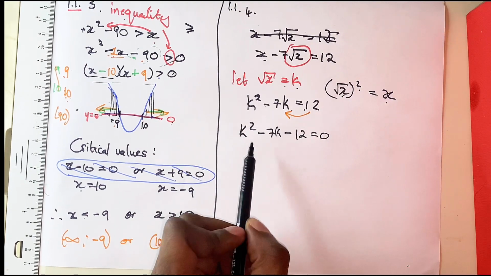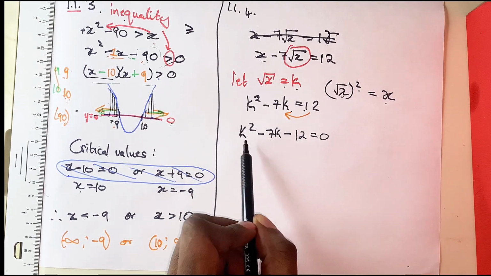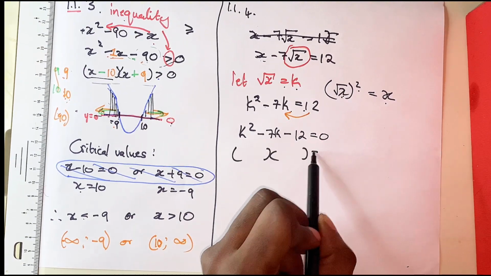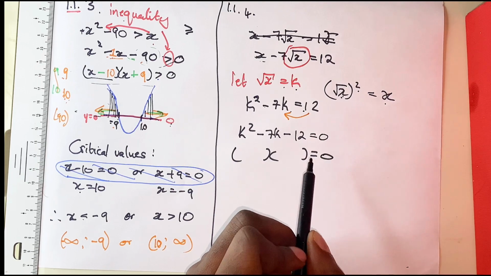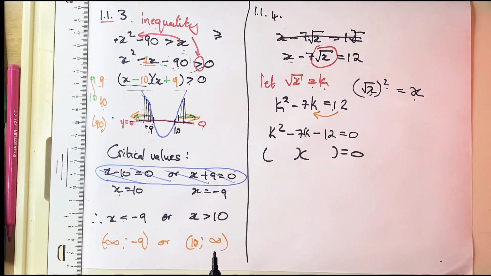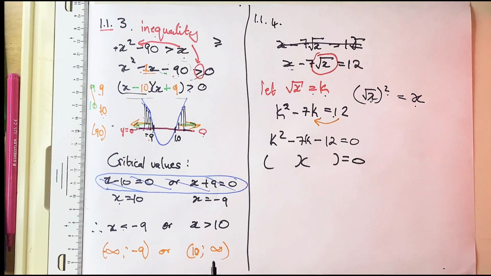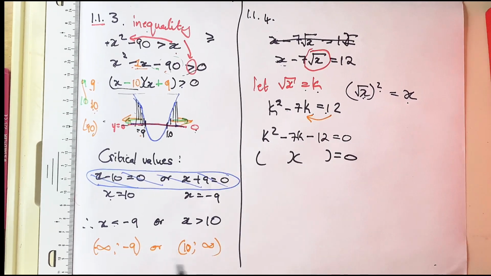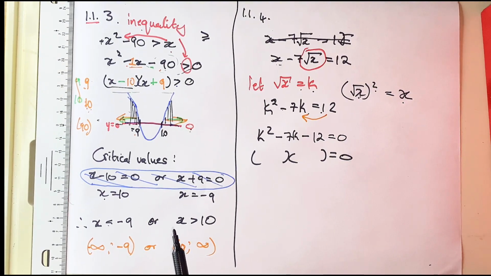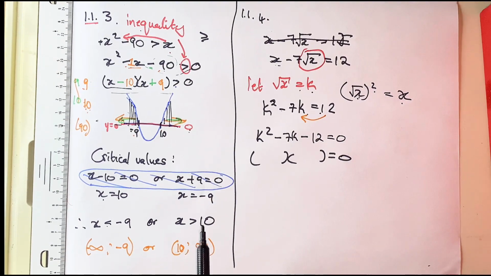Now here we are again, and we are going to factorize. So you can see by now that factorizing is important. So make sure that you remember how to factorize because you're gonna need it a lot. Remember that question one, we say that they're the easy marks. So always be ready to factorize.